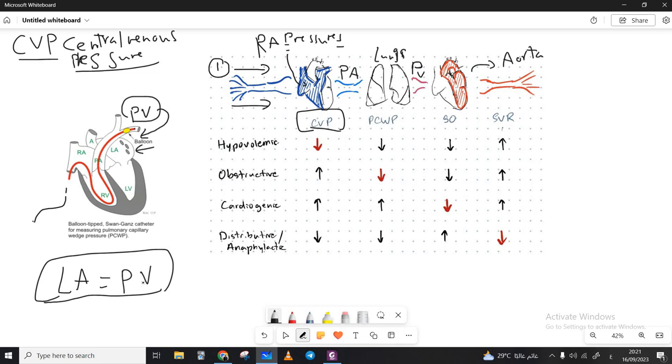That's it. So left atrial pressure equals pulmonary venous pressure, and this is a cool way to indirectly measure how much blood we have in the left atrium. We get this catheter, measure the pressure in the pulmonary veins, and it's an indicator of how much pressure we have in the left atrium. That's it. This is the pulmonary capillary wedge pressure.